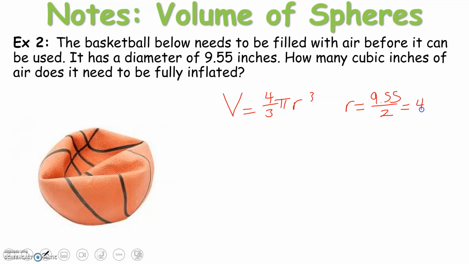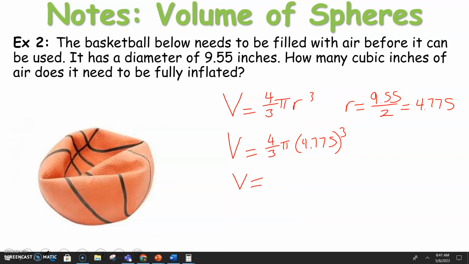That is 4.775. So volume is equal to 4/3 pi times 4.775 cubed. And then we're going to go ahead and just type this into a calculator.